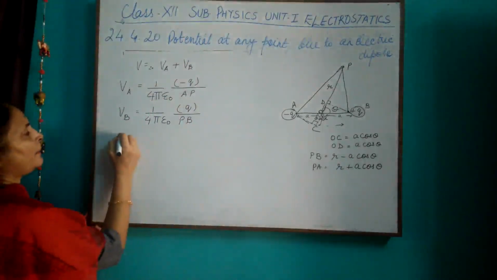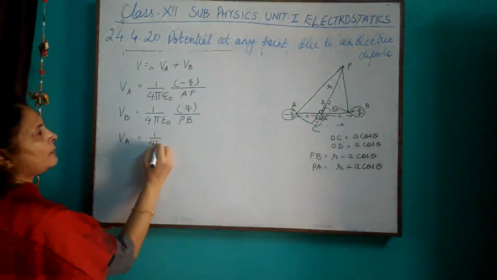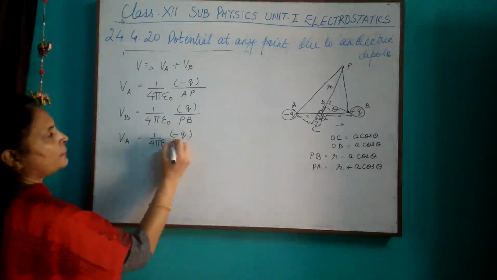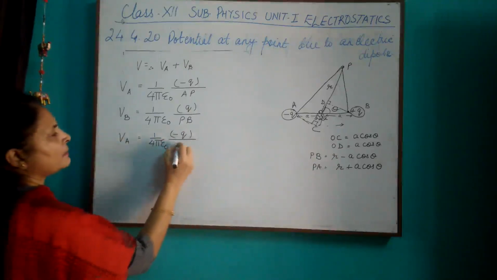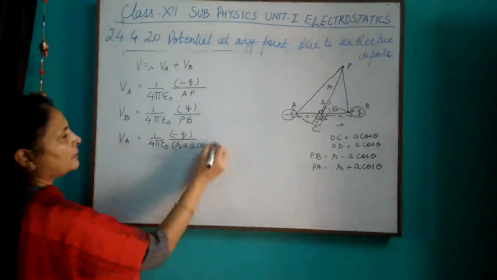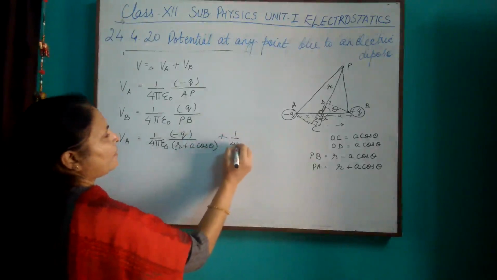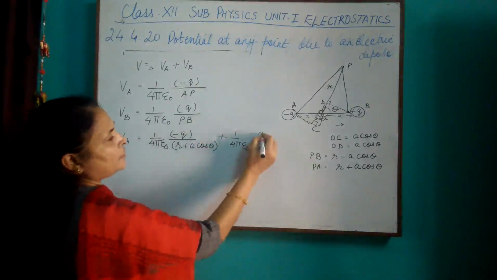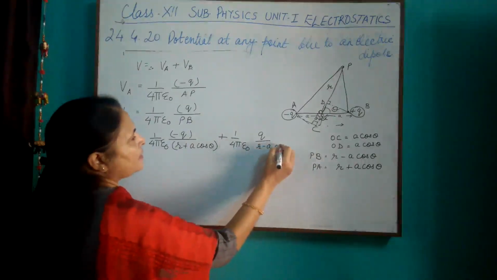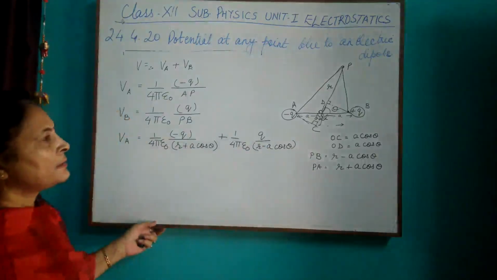What we'll get? VA is equal to 1 by 4 pi epsilon naught, minus Q upon AP, which is R plus A cos theta, plus VB, 1 by 4 pi epsilon naught Q upon R minus A cos theta.